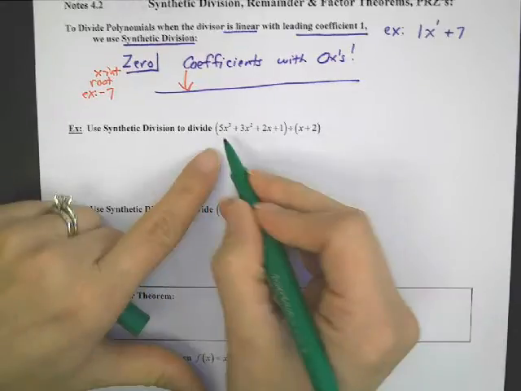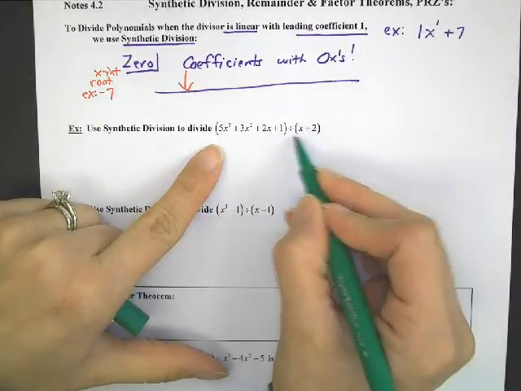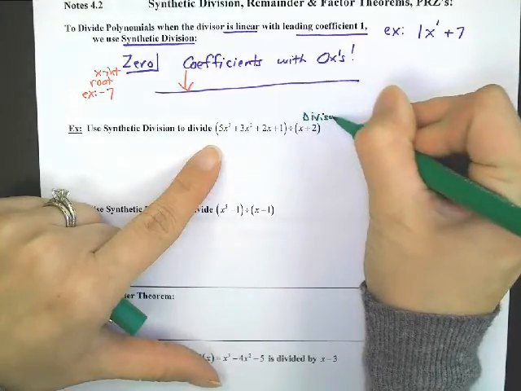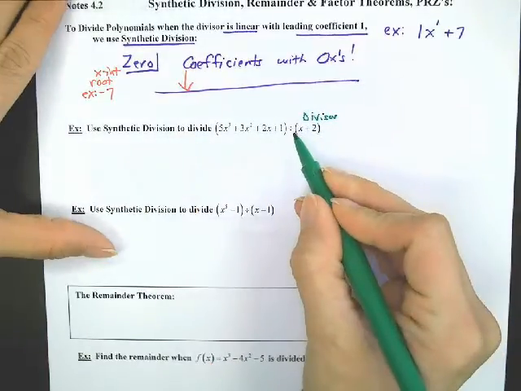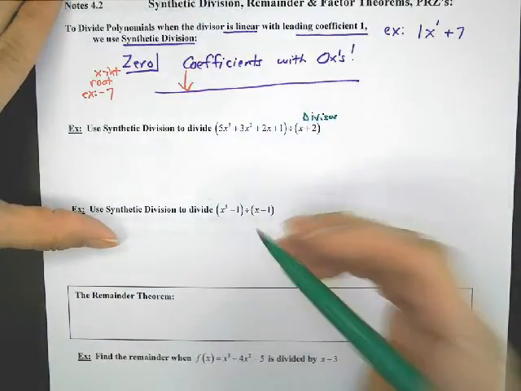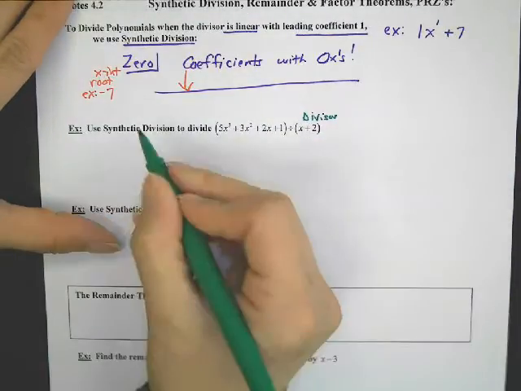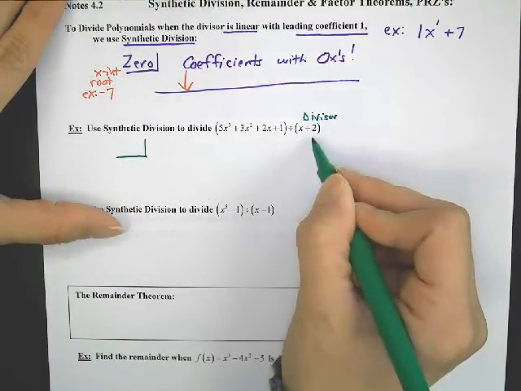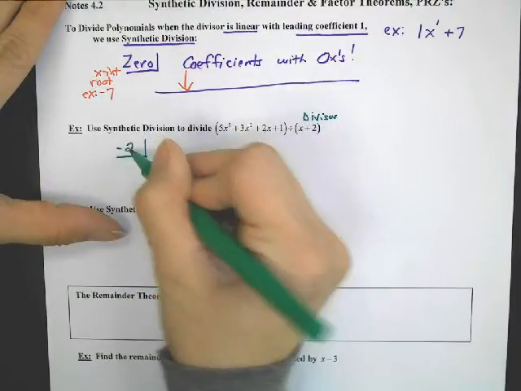Use synthetic division to divide this polynomial by this divisor. So this is the divisor. Is that divisor linear with a coefficient of 1? Is it just plain x plus or minus a number? The answer is yes. So what number do I put in the box? What's the x-intercept? -2.